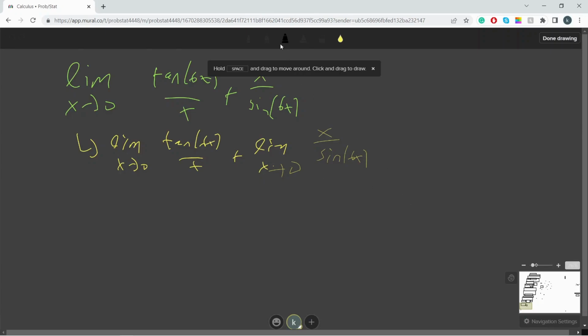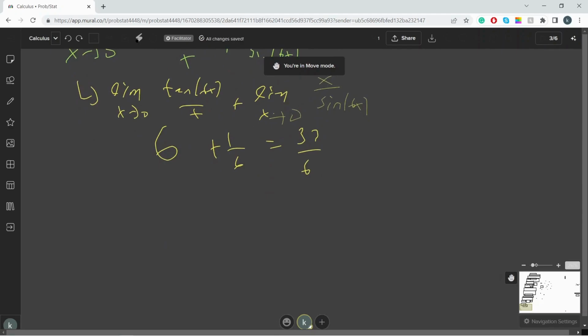And you will recall that in the previous video, we saw a limit of this form with the tangent of something over an x in the denominator. This limit was going to go to 6. And then we've also seen this form of a variable multiplier of x over sine of a multiple of x. This is going to be 1 over 6. So 6 plus 1 over 6 is going to equal 37 over 6.